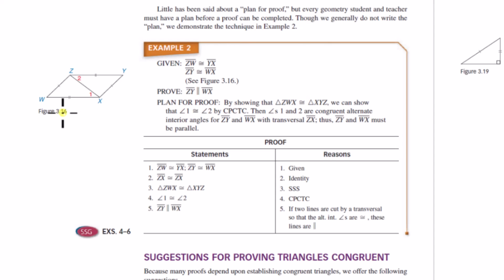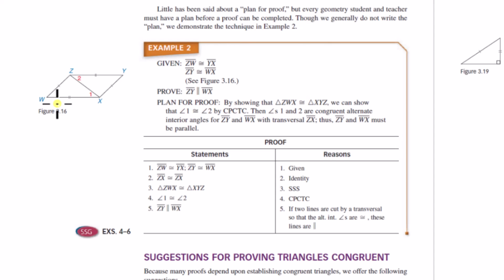Okay, so we know that to prove that two lines are parallel, we need to get information about a transversal between those two lines and analyze the interior angles, the exterior angles, all the different angles.